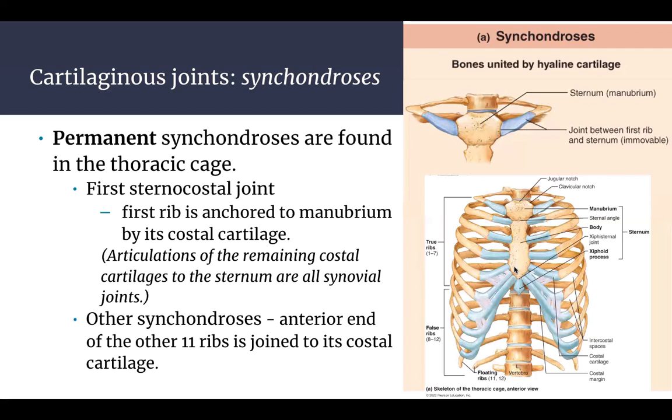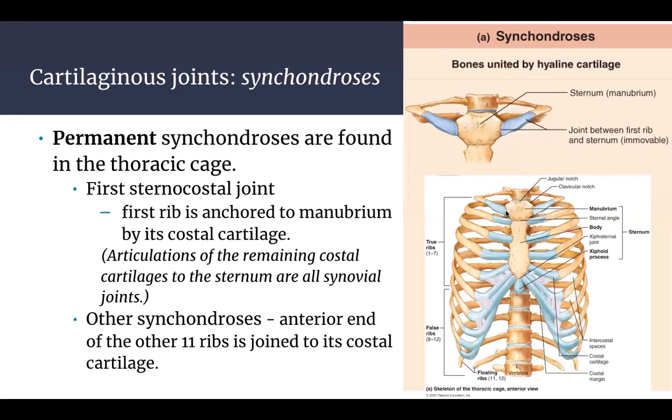What's actually happening here with these other ribs, where it's joining the body of the sternum, there's actually a synovial joint occurring at each of these points. So these are actually joints that are going to allow for movement.